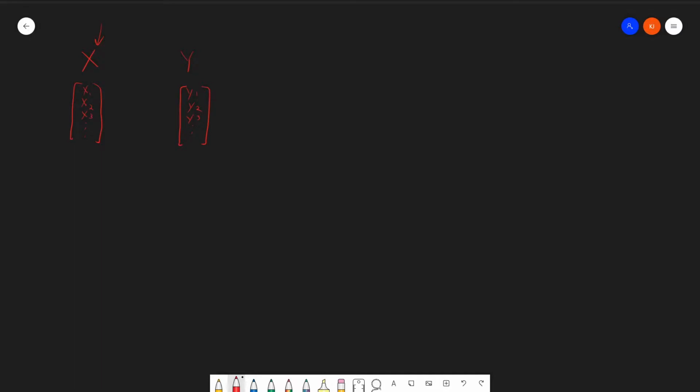So we have x1 here, x2, x3, and so on. And then for your output, again, we're just going to keep it simple here. Say for every x input, you have one y output. So in this case, you want to think of y as being the labels for your input, your x training data set.